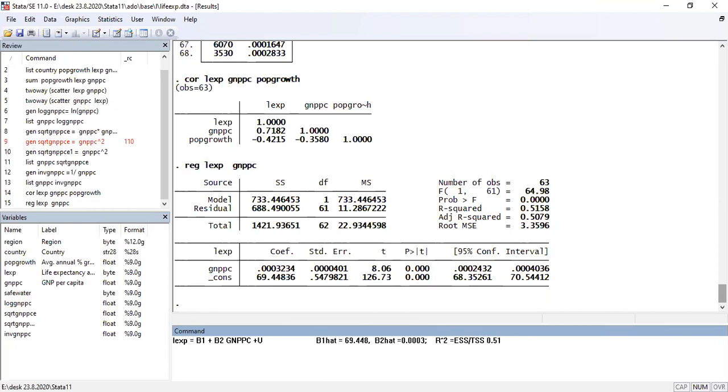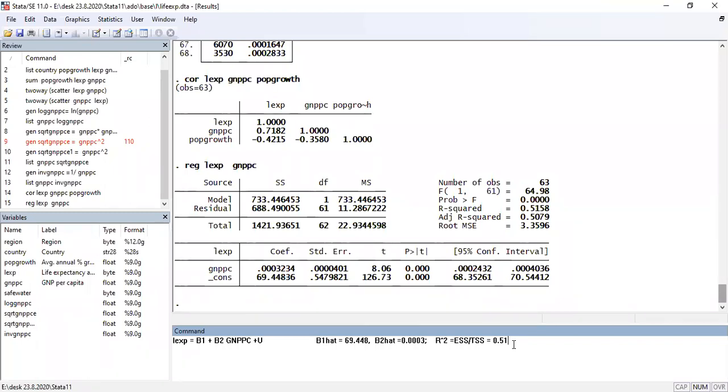So it's a ratio: explained variation of y divided by total variation of y, here 0.51. You explain like this: 51% of the variation of y is explained by x. What is y here? Life expectancy. What is x here? GNP per capita.